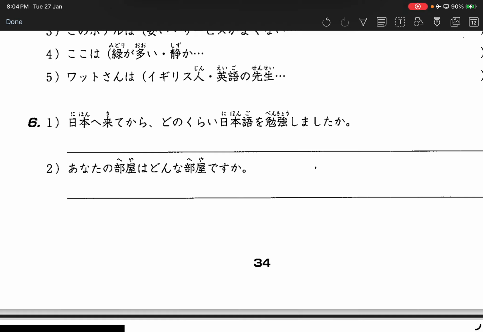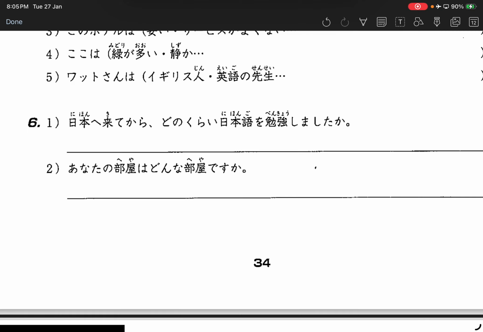However, if we don't use the gurai, then maybe you might want to use the kan. 6ヶ月間ぐらい is also okay. 6ヶ月ぐらい is also fine. Of course, if we put the kan it will be better lah.